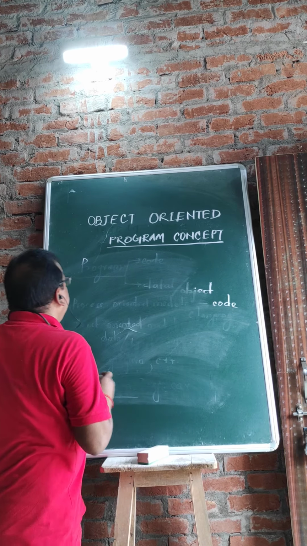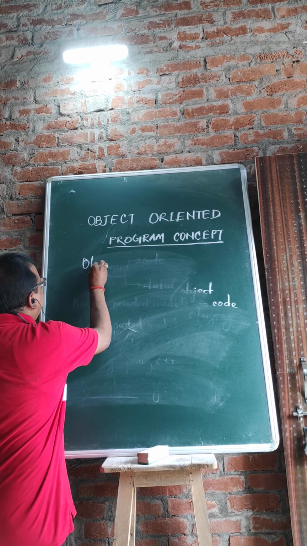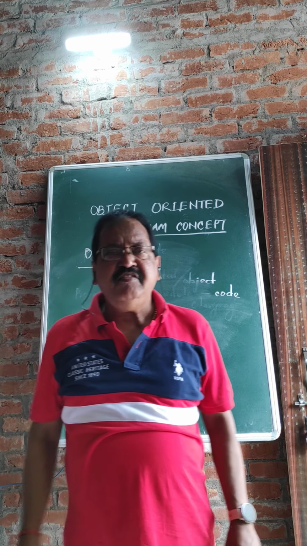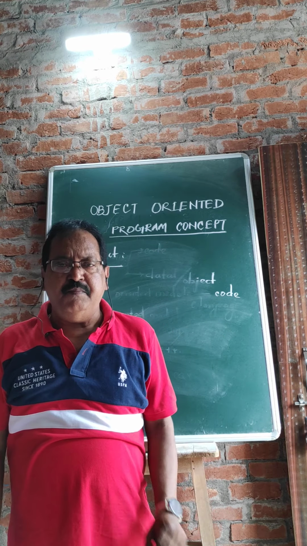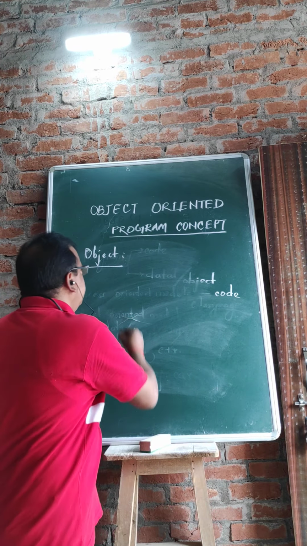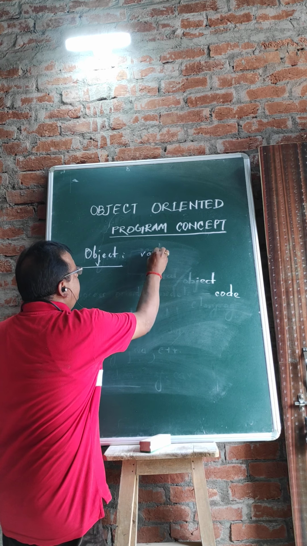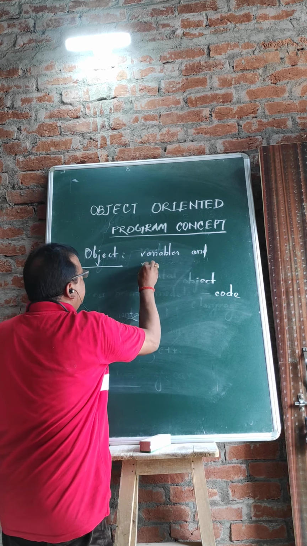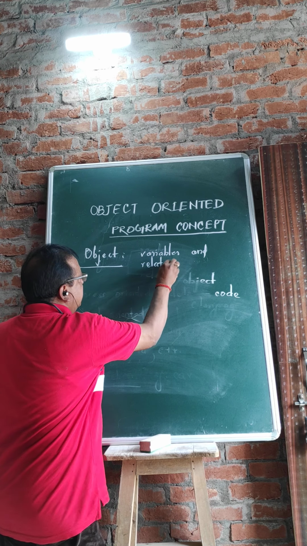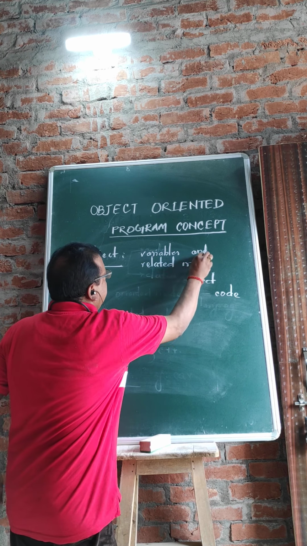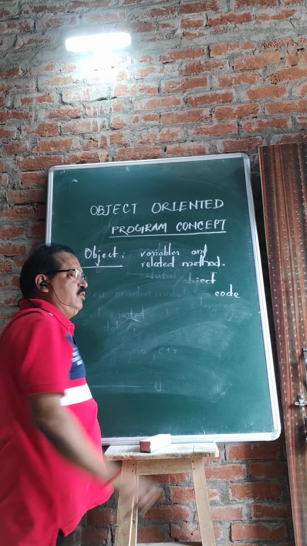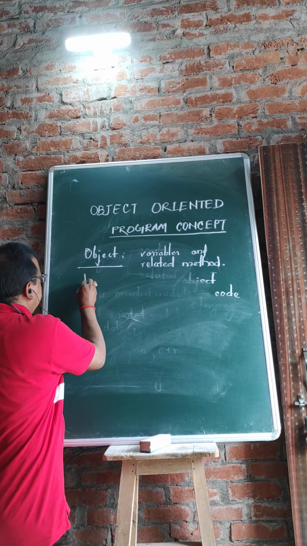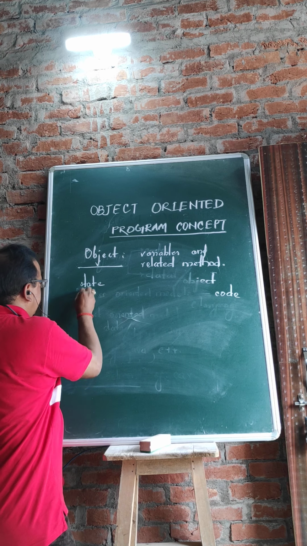Now, students, the next term we are going to learn is called object. Students, it is a software bundle of variables and related methods. An object has two parts. One is called state and behavior.